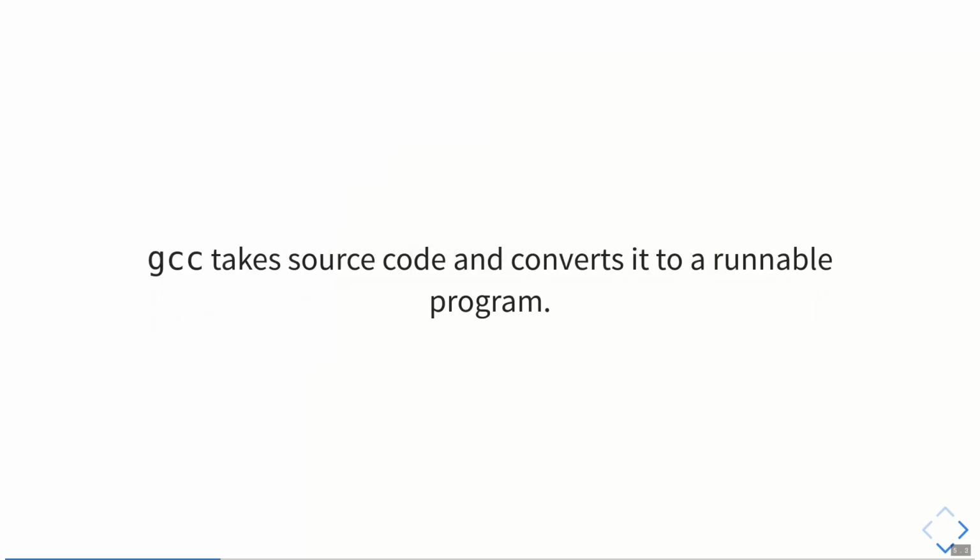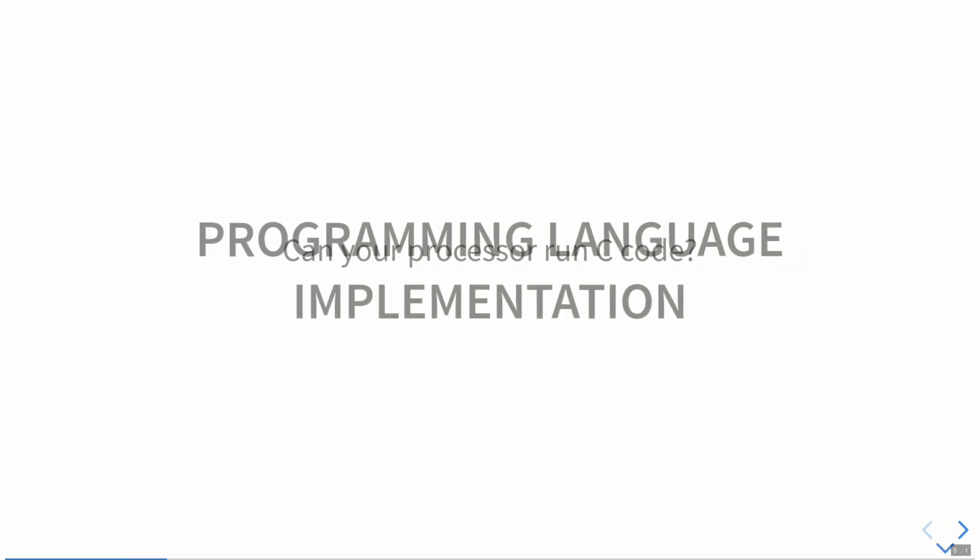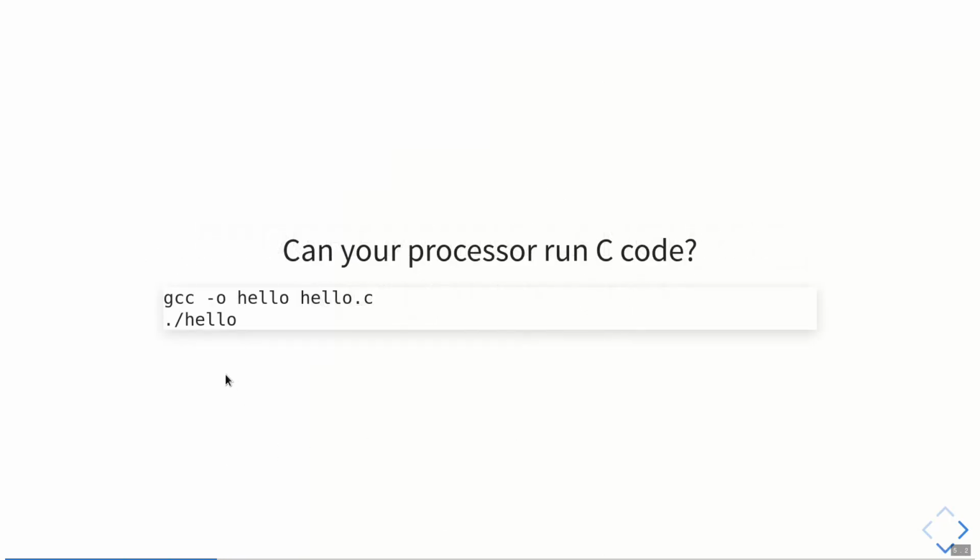GCC, if you're not already aware of this, takes that source code and turns it into a runnable program, a program that can be run on your system and your architecture. And what makes this process so mind-warping is that GCC is a program too.